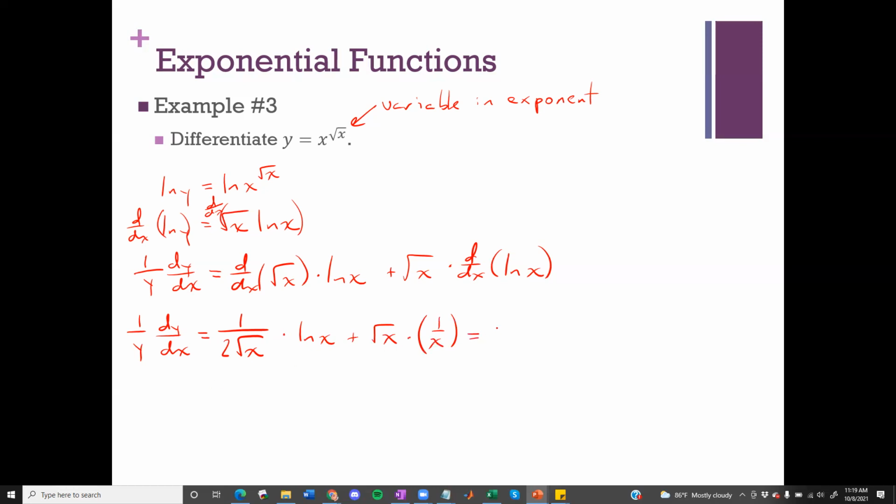So can we do any simplifying? Natural log of x over 2 radical x plus 1 over radical x. And I think this is about as well as we're going to do.